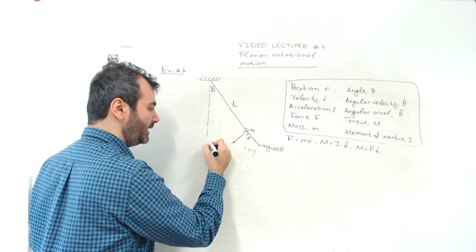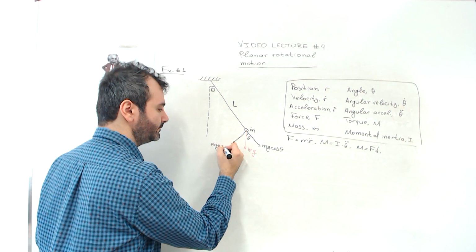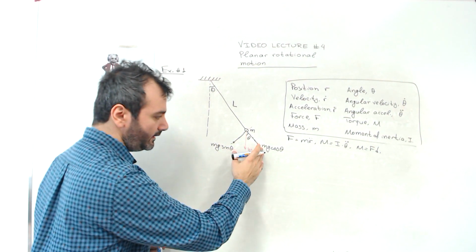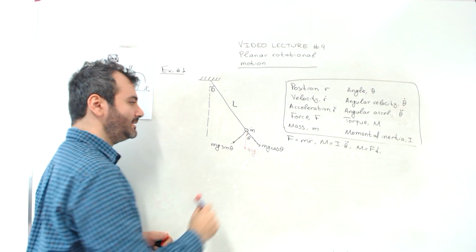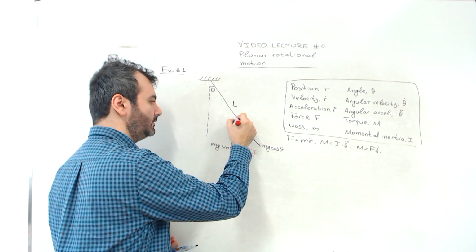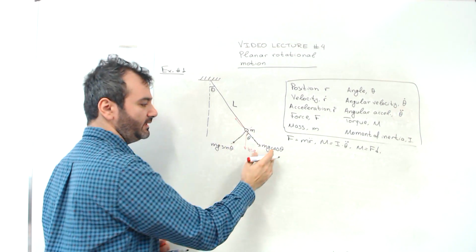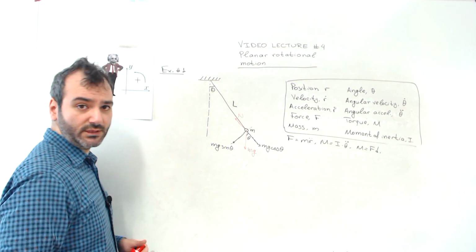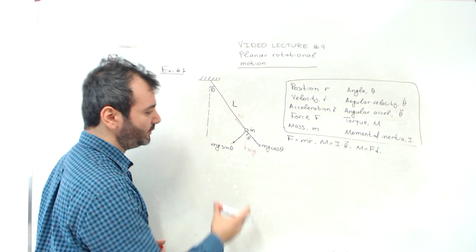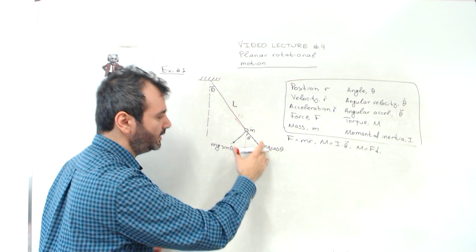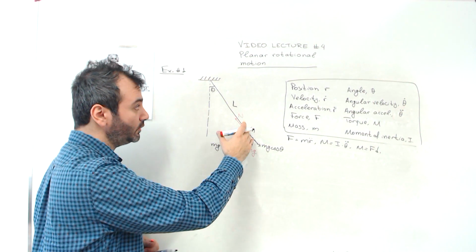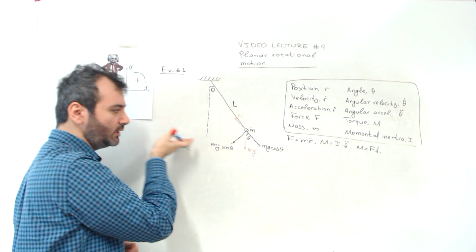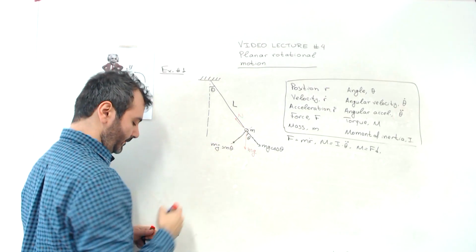Whereas this force is mg sine of angle theta. Now this force is cancelled out by a reaction. This is an action and this is a reaction n, and their sum is equal to 0. It is easy to figure this out because the object doesn't move along this line. It will not move towards the ceiling, it will not move away from that. It just moves on an arc.